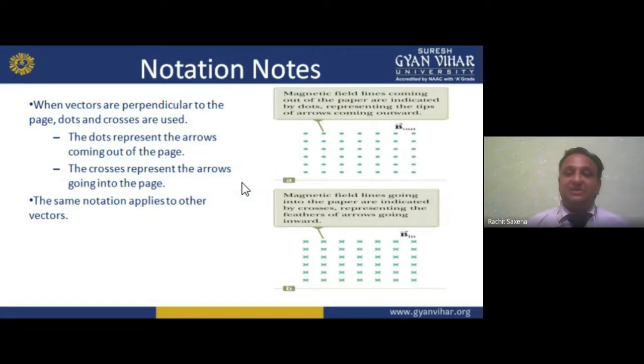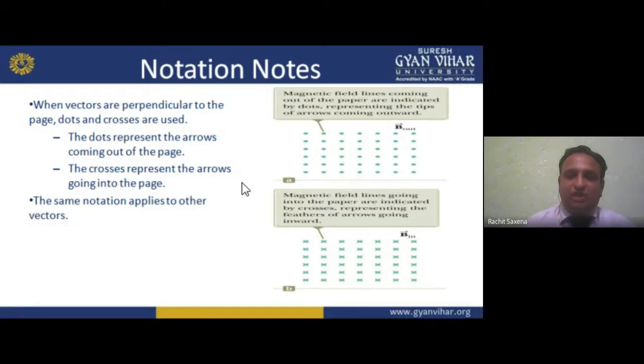The dot represents the arrow coming out of the page, and the cross represents the arrow going into the page. So if I am using the cross, I am talking about the input.